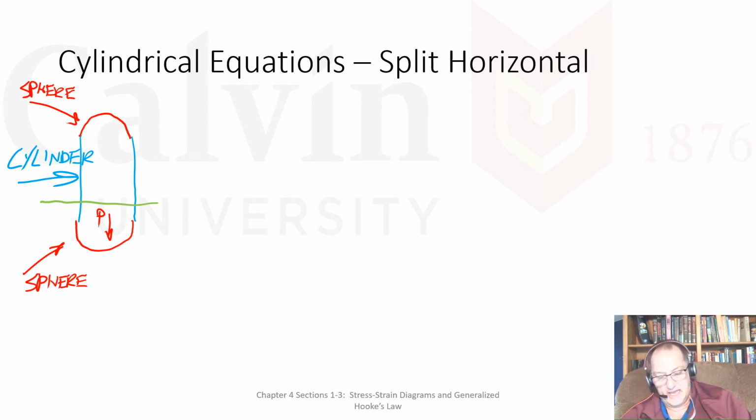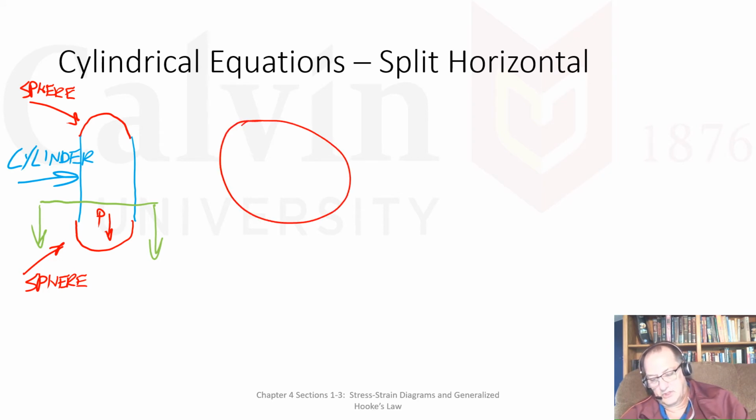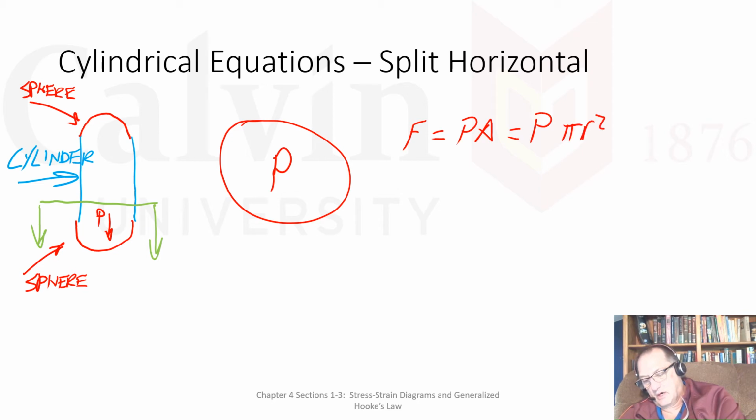If I'm looking that direction, what that's going to look like is I'm going to have a red circle and I'm going to have a pressure acting inward, and the force from that is going to be equal to the pressure times the area, which is equal to the pressure times pi r squared.